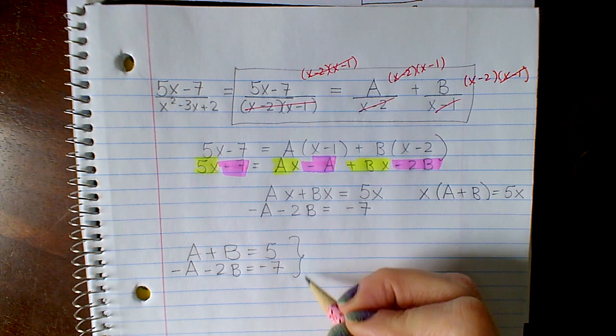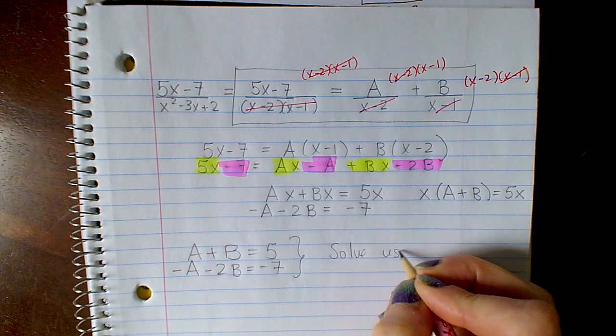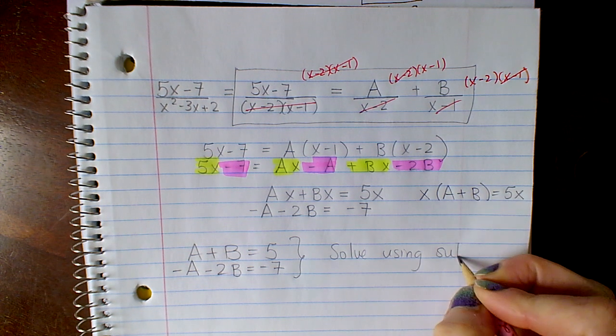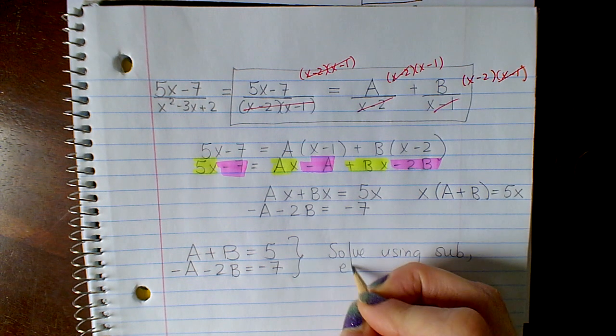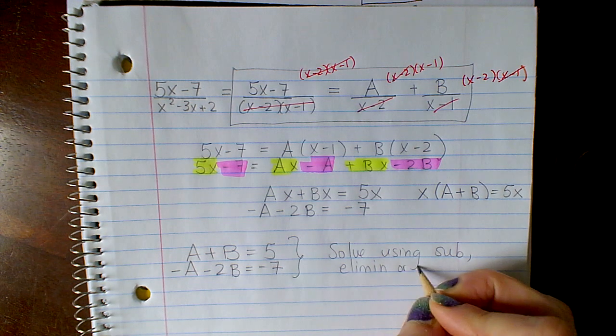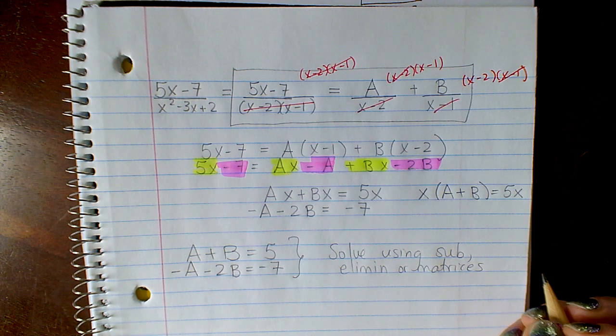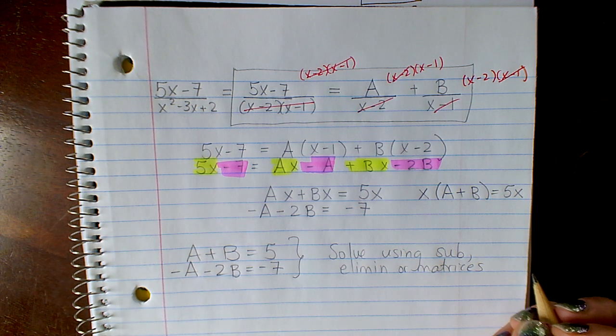This is a system of two equations with two unknowns. You can solve this by using substitution, elimination, or matrices. But let's not. Okay? There's an easier way to go about this.